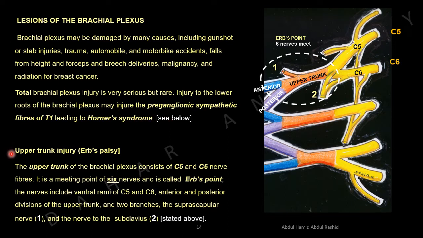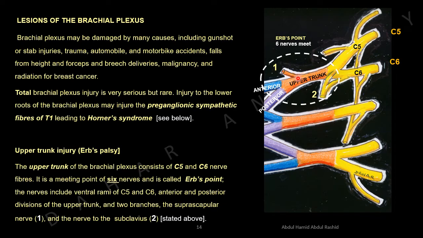Upper trunk injury. This is the one, upper trunk. The upper trunk of the brachial plexus is formed by two roots, C5 and C6. It is the meeting point of 6 nerves and is called Erb's point. What are the 6 nerves?